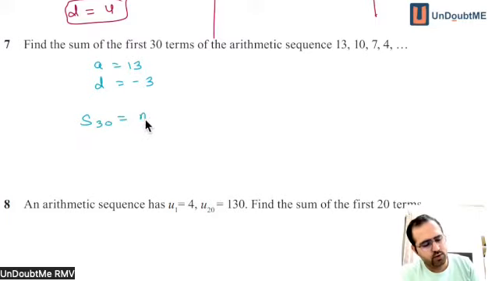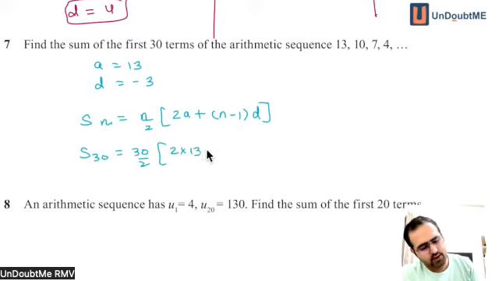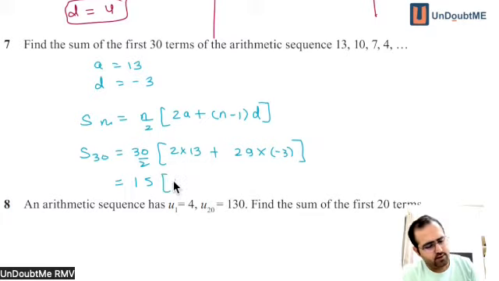S30 will be equal to, the formula is n by 2 times (2a plus (n minus 1)d). This is the formula for n terms. So S30 will be equal to 30 by 2 times (2 times 13 plus (30 minus 1), 29 times minus 3). 15 times (26 minus 87).